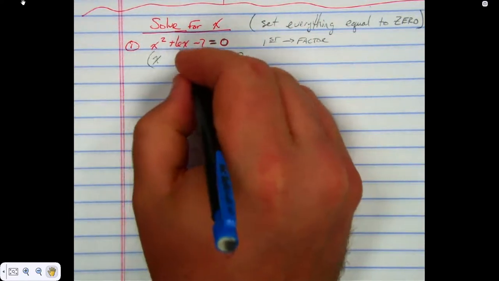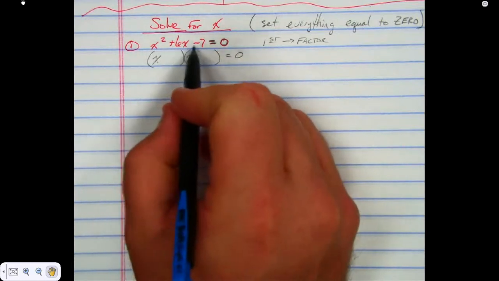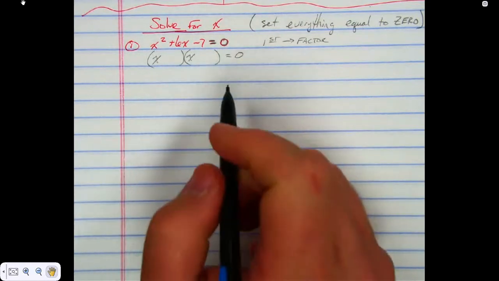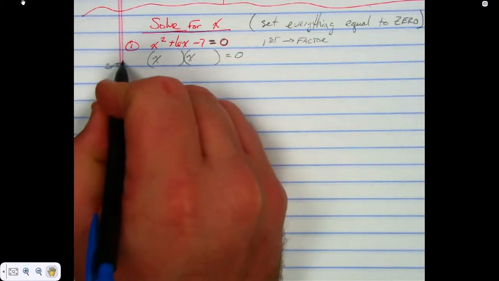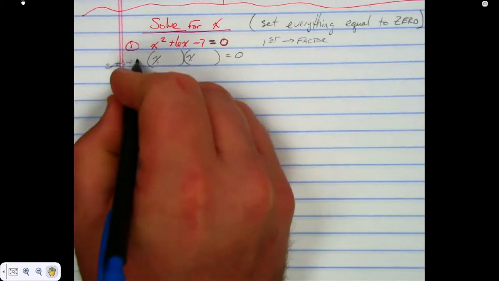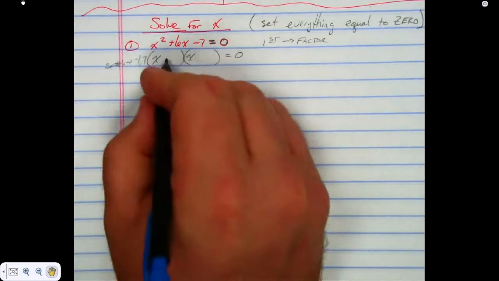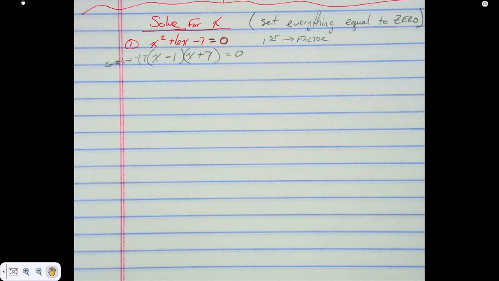It's in the form x squared plus bx plus c, right? So I'm going to put x and x. What goes here? What are my two special numbers? -1 and +7. So I'm going to put -1 plus 7.